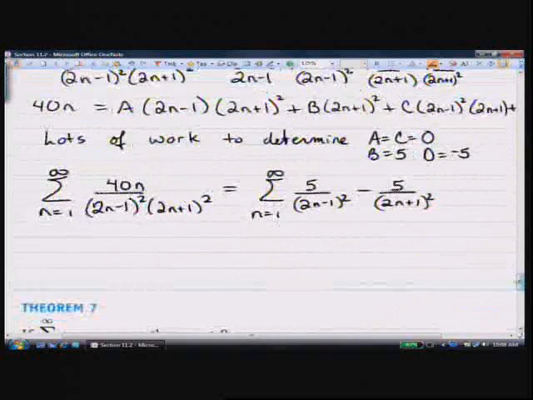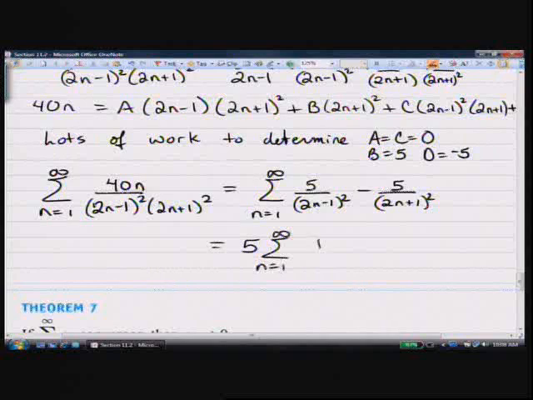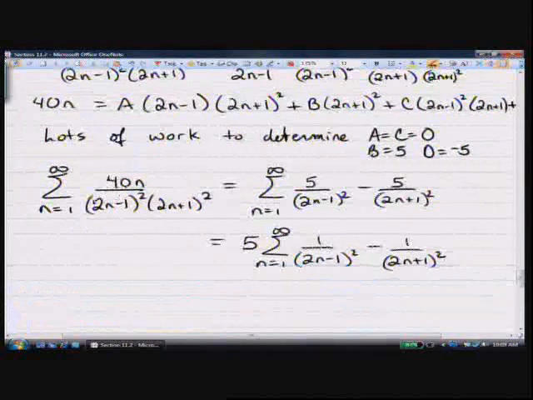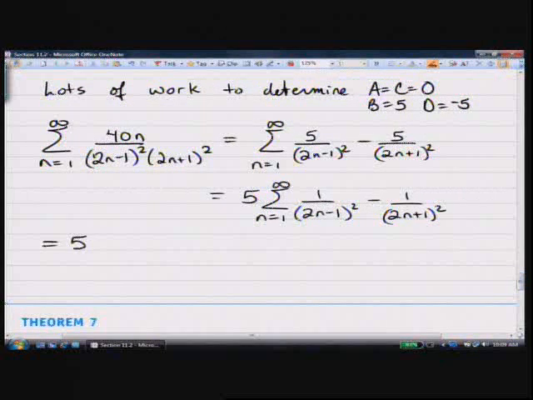And that 5, you can factor that out: 1 over 2n minus 1 squared minus 1 over 2n plus 1 squared. And if you were to write out a few terms, you should see that you are going to have that telescoping behavior again.